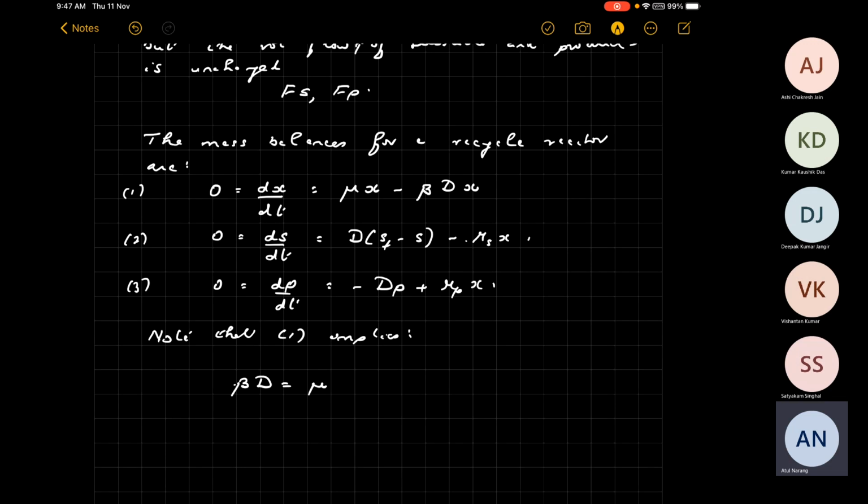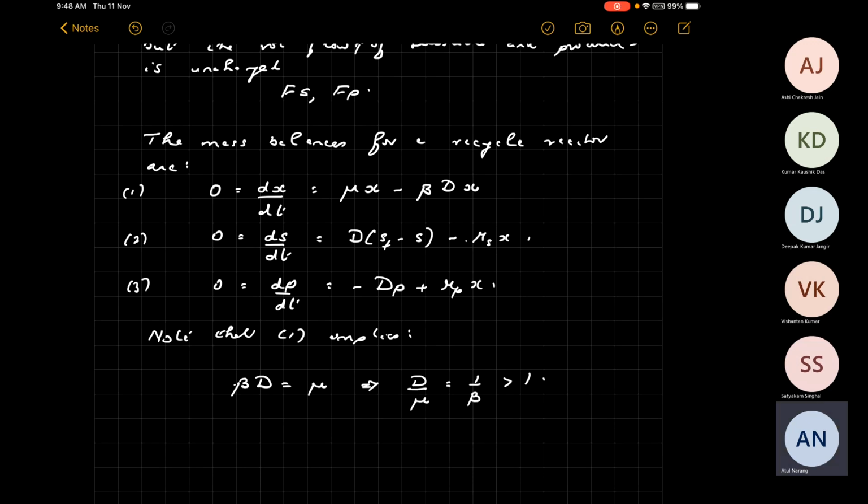This equation 1, if X is not equal to 0, then clearly you have to have beta D equal to mu, but that implies that D over mu equals 1 over beta, and since beta is less than 1, this is greater than 1.